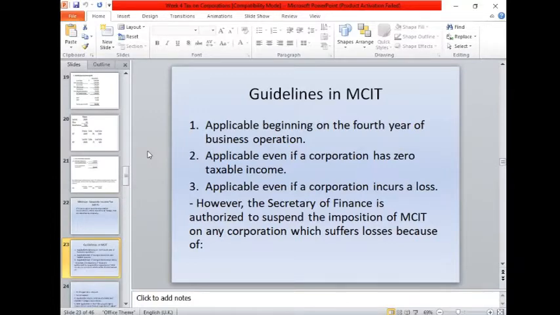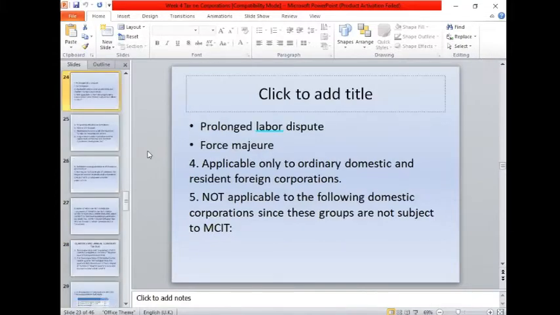And the third one, of course, is if the corporation incurs a loss, but take note, the Secretary of Finance has the power to suspend the imposition of the minimum corporate income tax from those corporate businesses which suffer losses because of the following: a prolonged labor dispute between the management and the labor, and also if the corporation experiences force majeure.